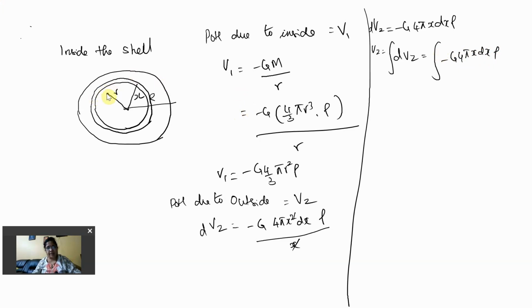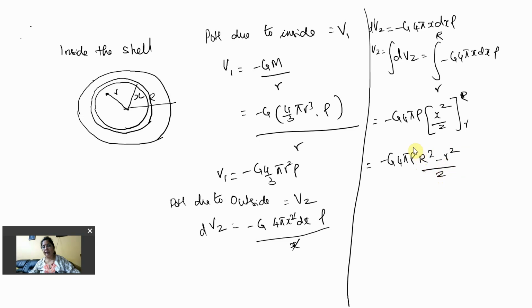Outside means it starts here, which is r, and ends at capital R. So we have minus G 4 pi rho, x square by 2 between limits r and R. So minus G 4 pi rho, R square minus r square, divided by 2 is your V2.